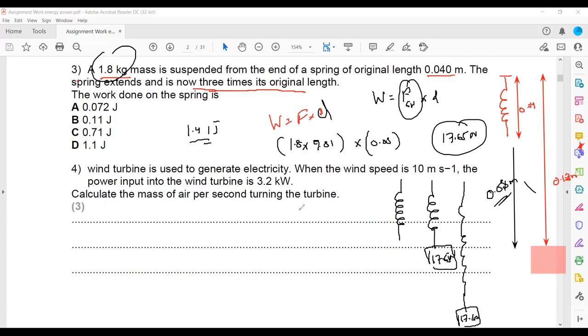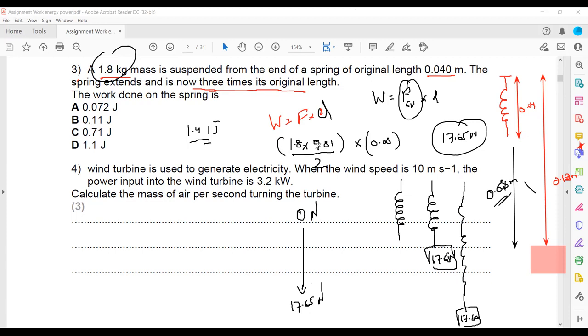The force will start from 0 and the maximum value will be 17.65 Newton. So what is the energy stored by the spring? It's not a constant force acting. It's an average force which acts. That's why this value should be divided by 2.